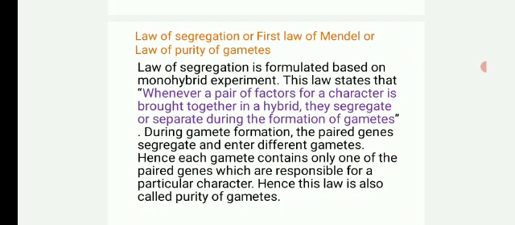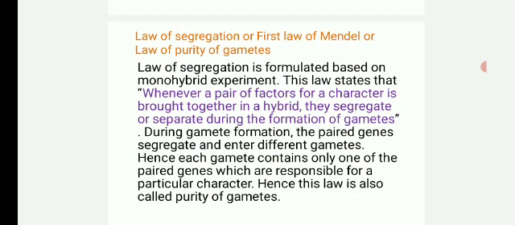Second law, law of segregation or first law of Mendel or law of purity of gametes. The law of segregation is formulated based on the monohybrid experiment.